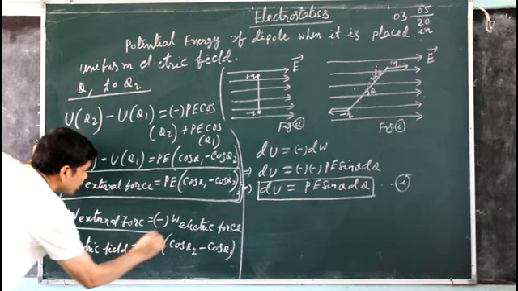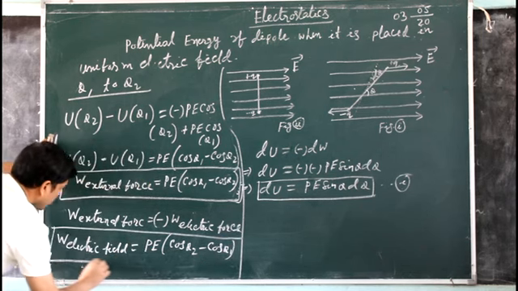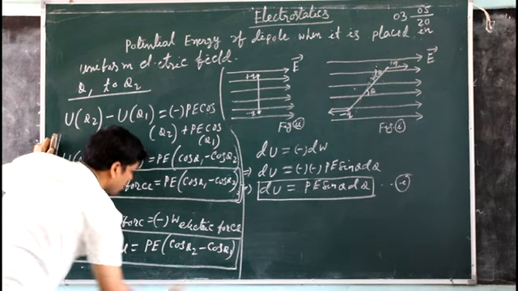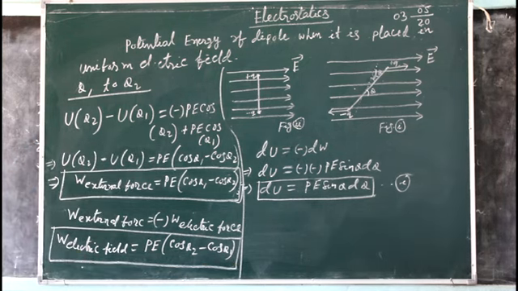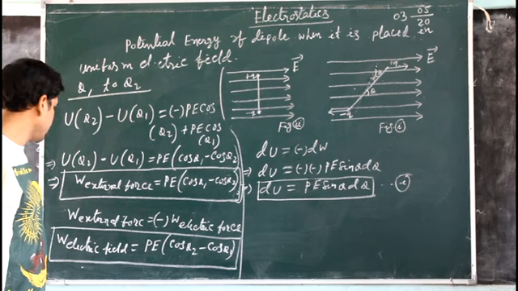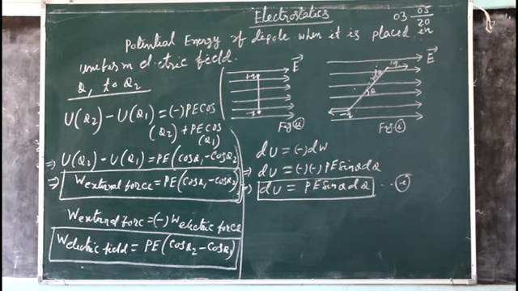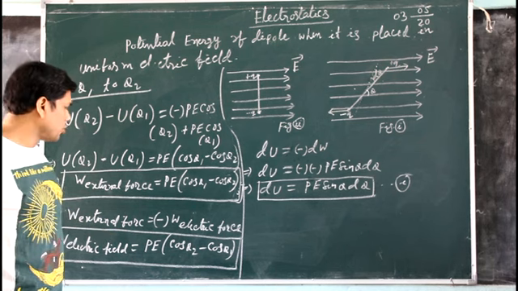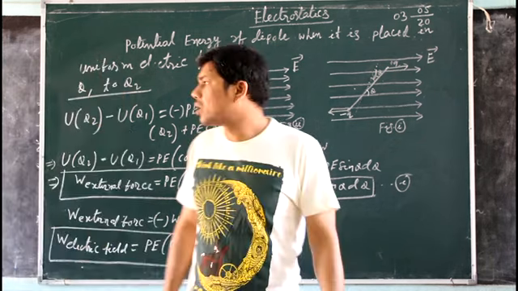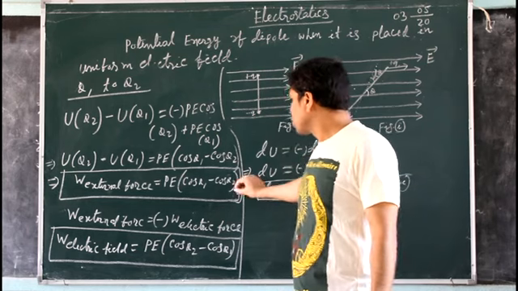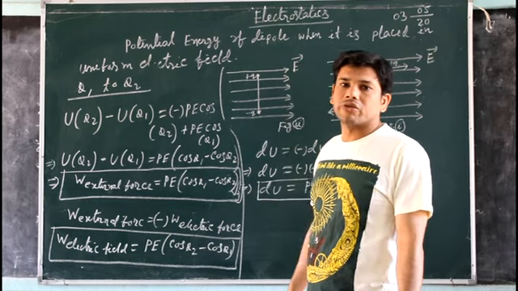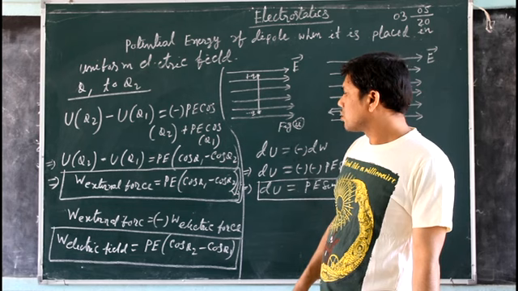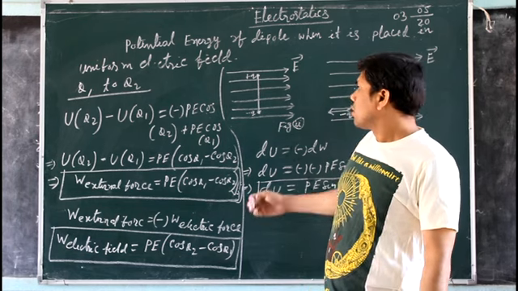This is the expression of work done by an electric field when a dipole is displaced from theta 1 to theta 2, equal to PE cos theta 2 minus cos theta 1. Okay, and this is the expression of work done by the external force. This is the expression for a dipole.